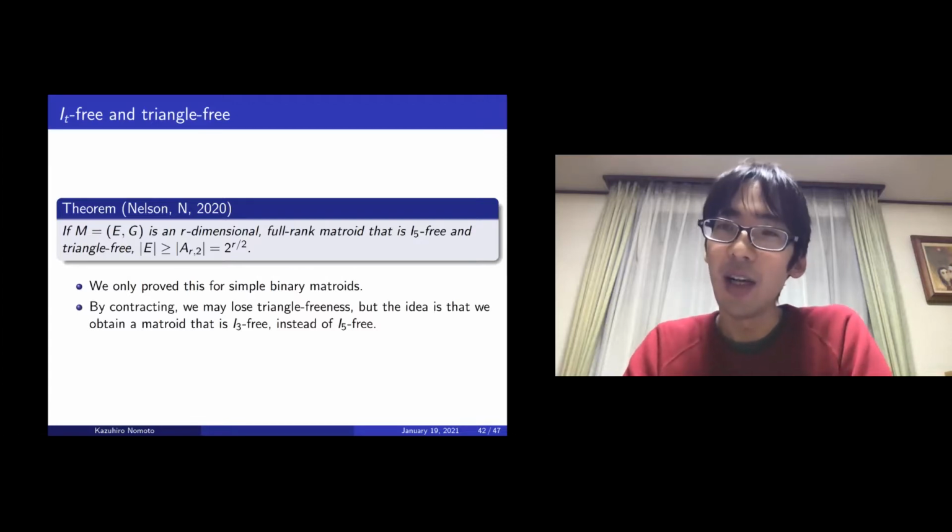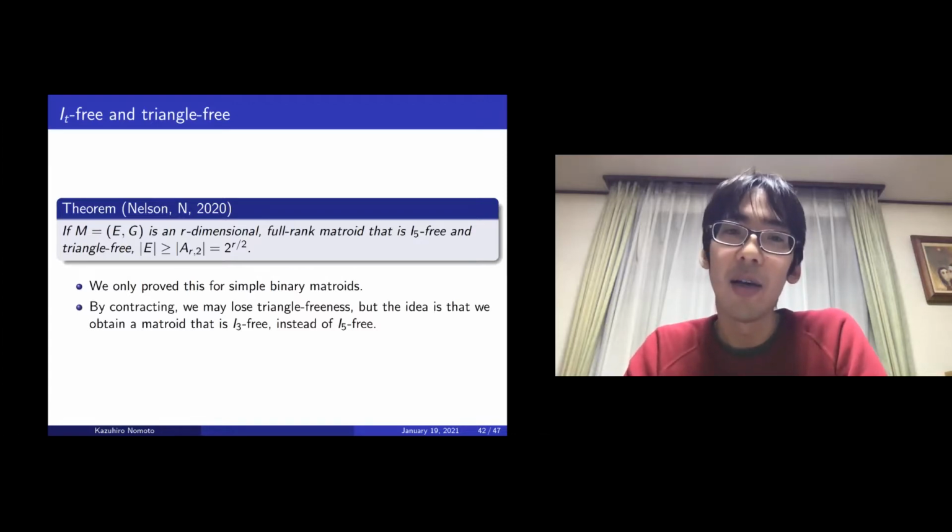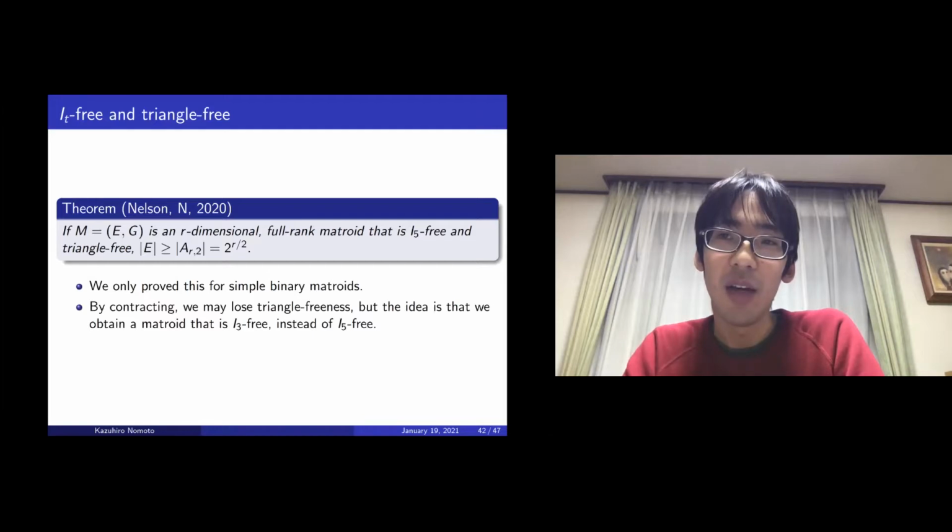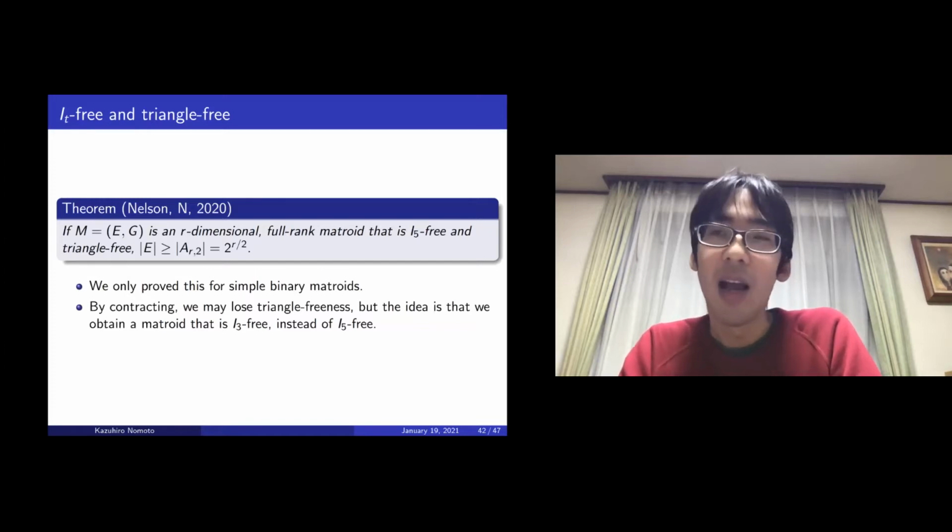Really the idea comes down to, again, we basically contract a bunch of things, but we are fine losing triangle freeness, but instead of remaining I5 free, I want something more restrictive. What we end up getting is something that's, say, claw free, which is a more restricted class of matroids, something easier to work with.